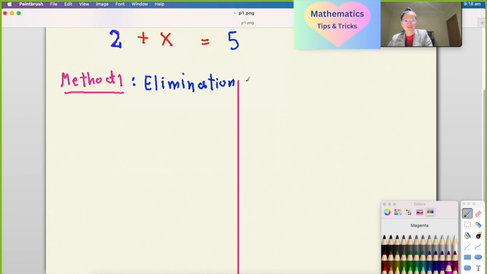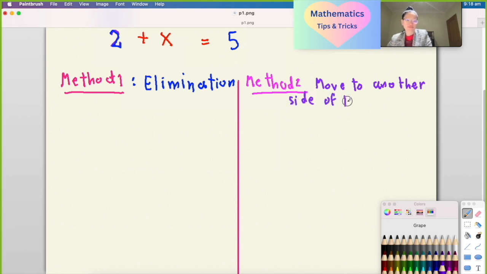Method 1 elimination and method 2 move to another side of the equation. Method 2 is quicker and it's a tip and trick, but you need to understand method 1 first.